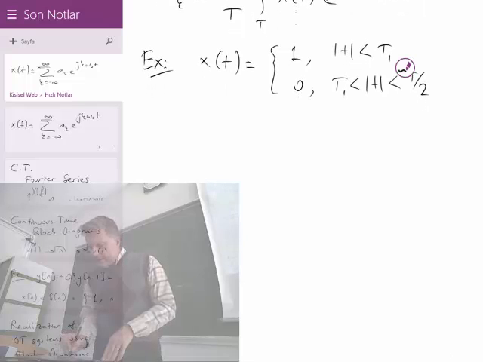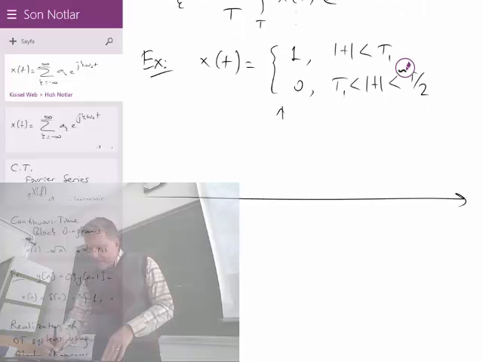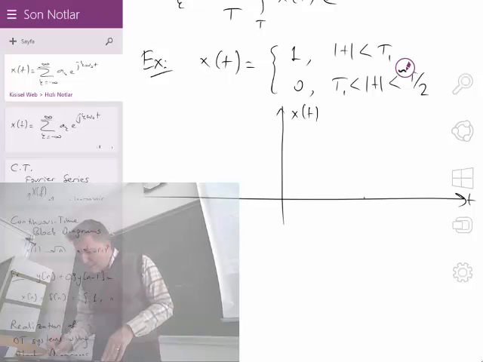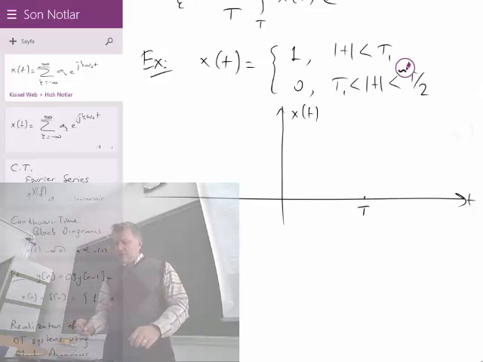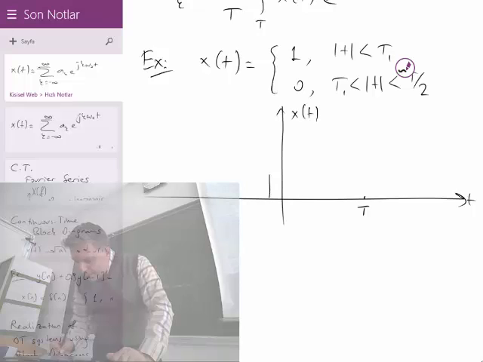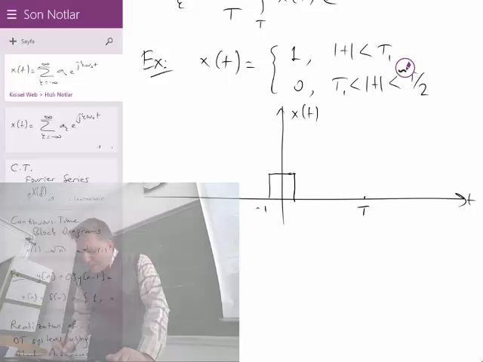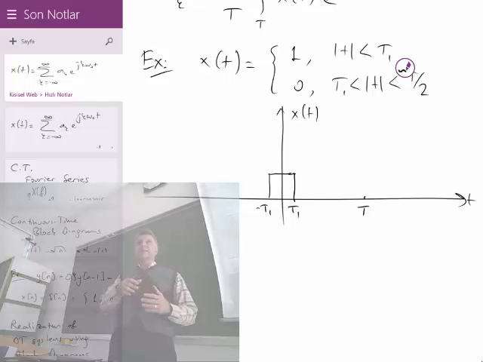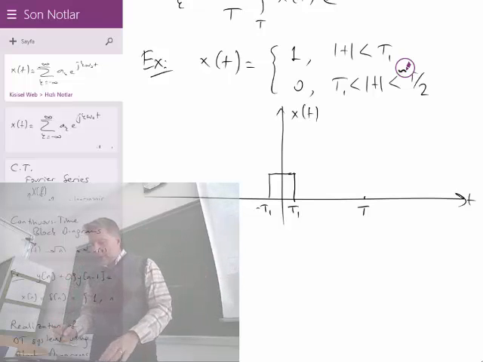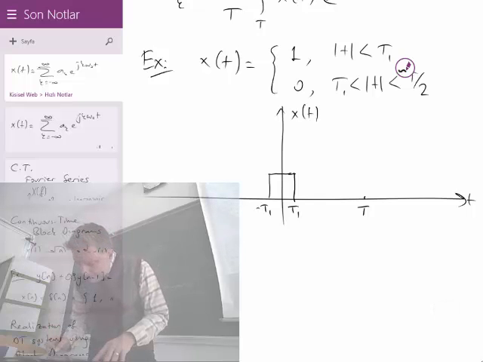Let me give you a graphical example of how it may look. This x(t) on the time axis is like this. Suppose that capital T is here, then I will have a pulse like this from minus capital T1 to plus capital T1, and since this is a periodic signal, you must extend it with a period of capital T, like this.